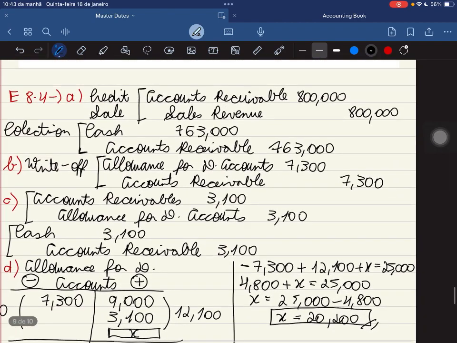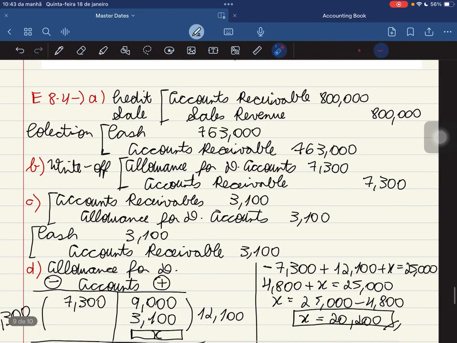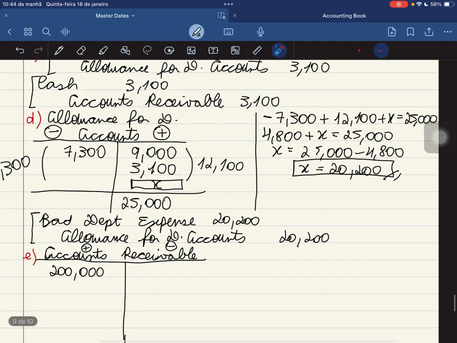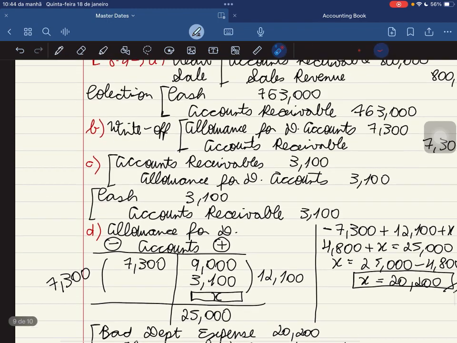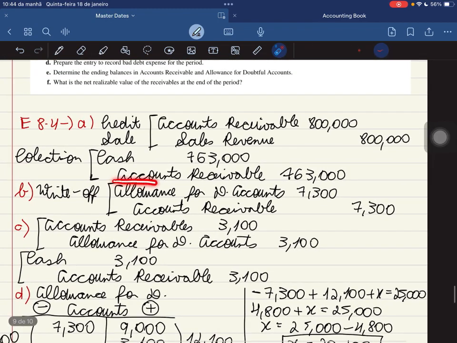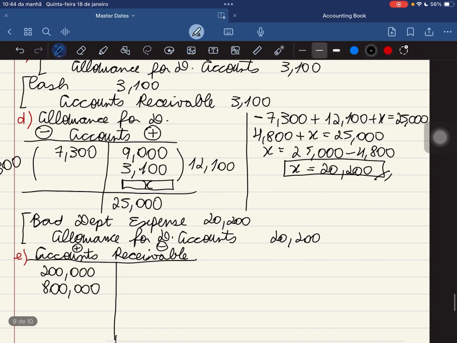Then same thing, we need to check the things that we added or subtracted for accounts receivable. For example, here I debited 800,000, so I'm going to debit 800,000 on the debit side. What else did I do? I credited 763,000.